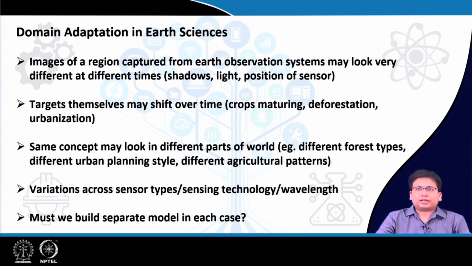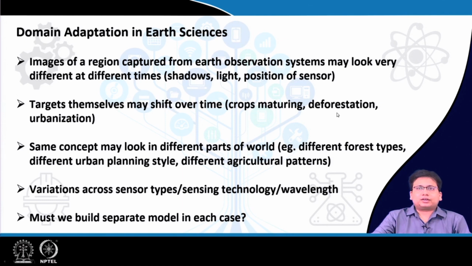Say, for example, if it is an agricultural region, when it is barren, that is before the crop cultivation or just after the seeds have been planted, it will look one way, but when the crops mature, the region will look very different, especially when viewed from the top. Then there may be a forested region which gradually gets deforested.